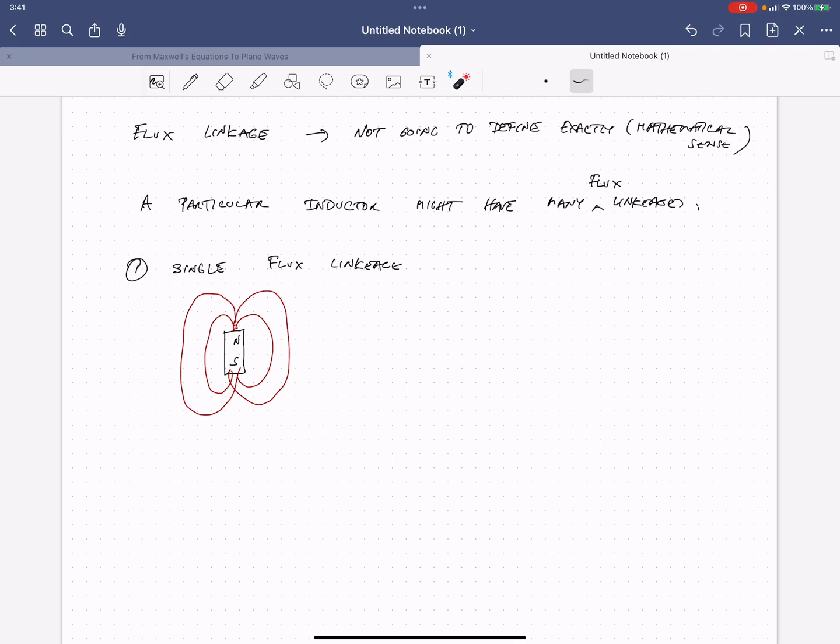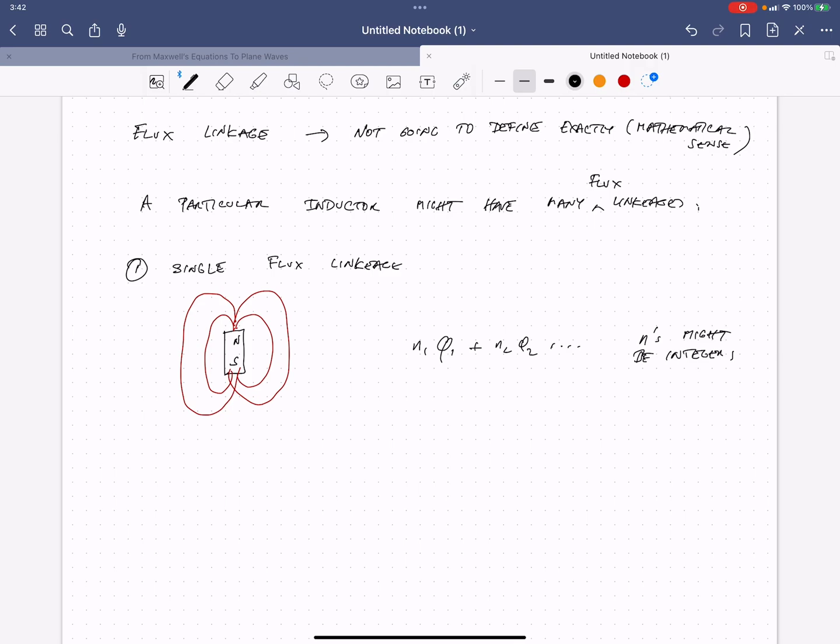So let's say we define a bunch of fluxes with values of phi 1, so it'd be n1 phi 1, n2 phi 2, and when you think of it, the n's might be integers.